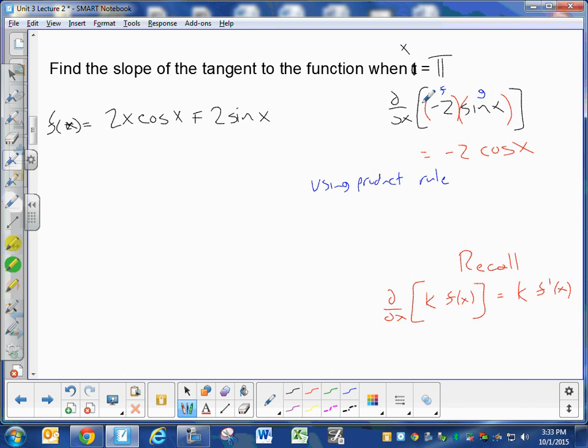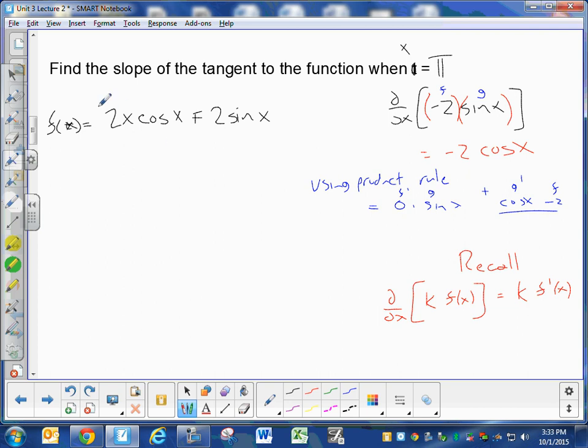What's the derivative of negative 2? 0 times g, so that's f prime g, sine of x, plus g prime, that's cos x, times f, negative 2. We get the same answer because 0 times sine of x is equal to 0. We're just going to have that. This was very unnecessary to do. So whenever you see a constant times a function, don't use the product rule.